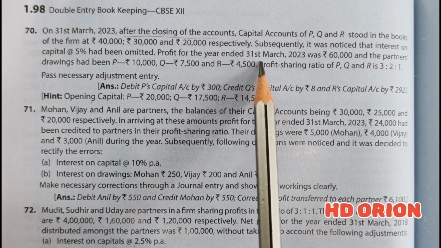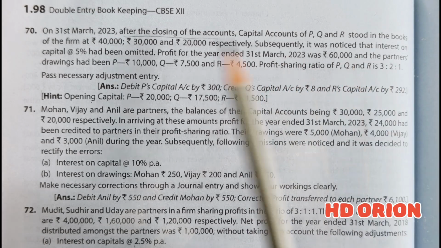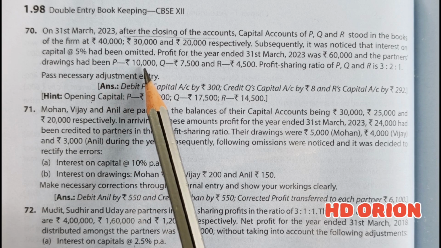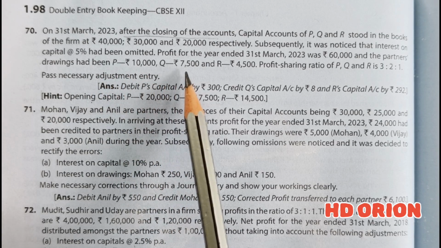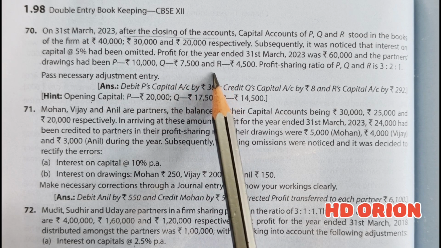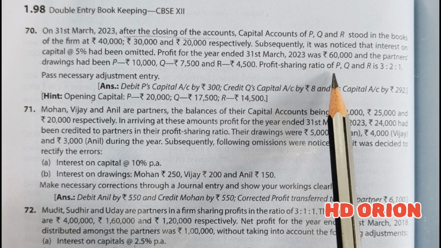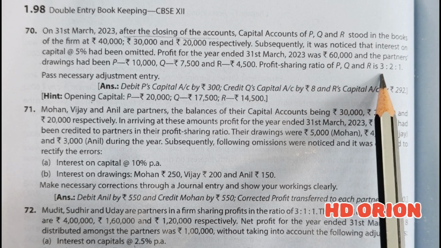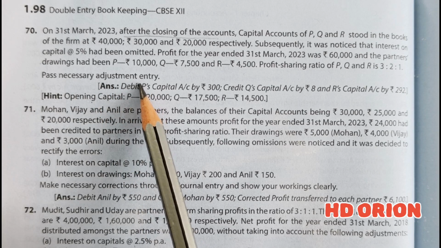Profit for the year ended 31st March 2023 was rupees 60,000 and the partners' drawings had been for P rupees 10,000, for Q rupees 7,500 and for R rupees 4,500. Profit sharing ratio of P, Q and R is 3:2:1 and pass the necessary adjustment entry.